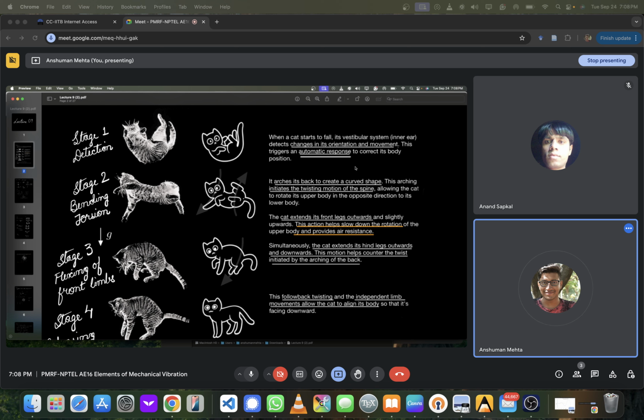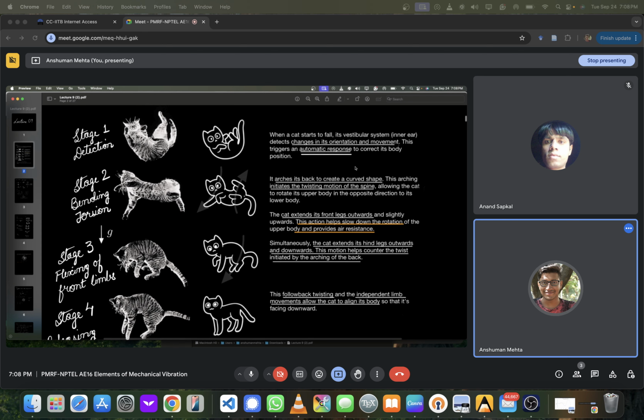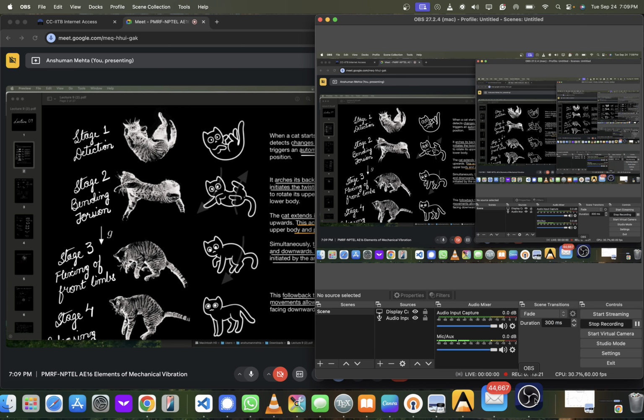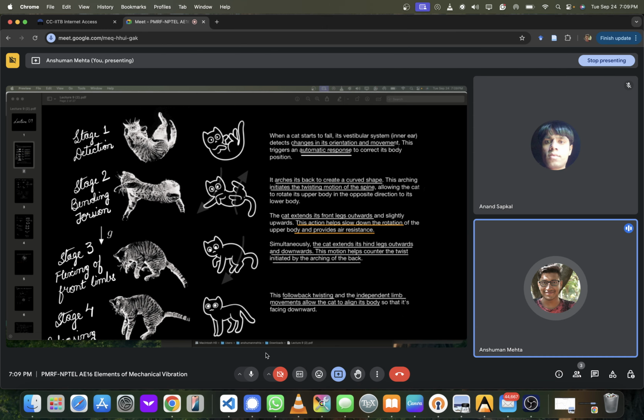Okay, now what happens? Still the back part is rotating in the different direction, as you can see here. So how this comes down is by extending the hind legs. When the hind legs are extended, it's like you're stretching your feet.